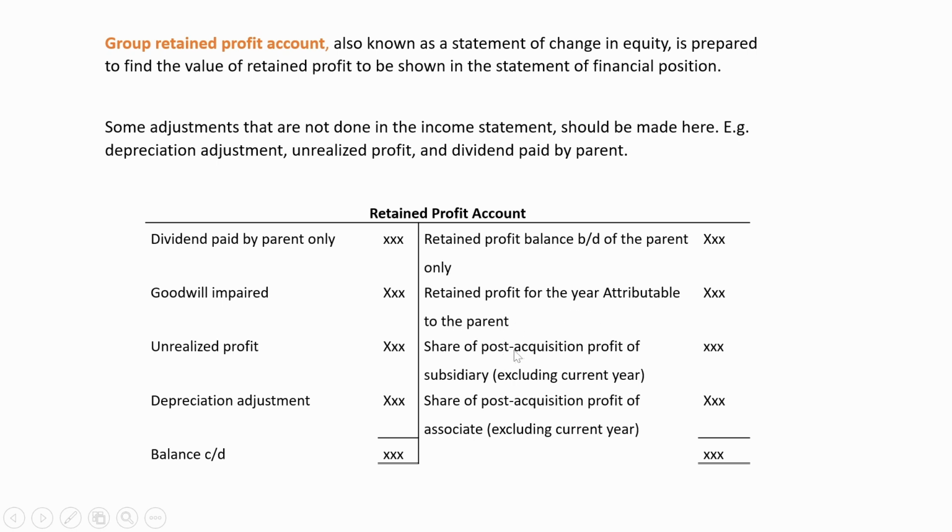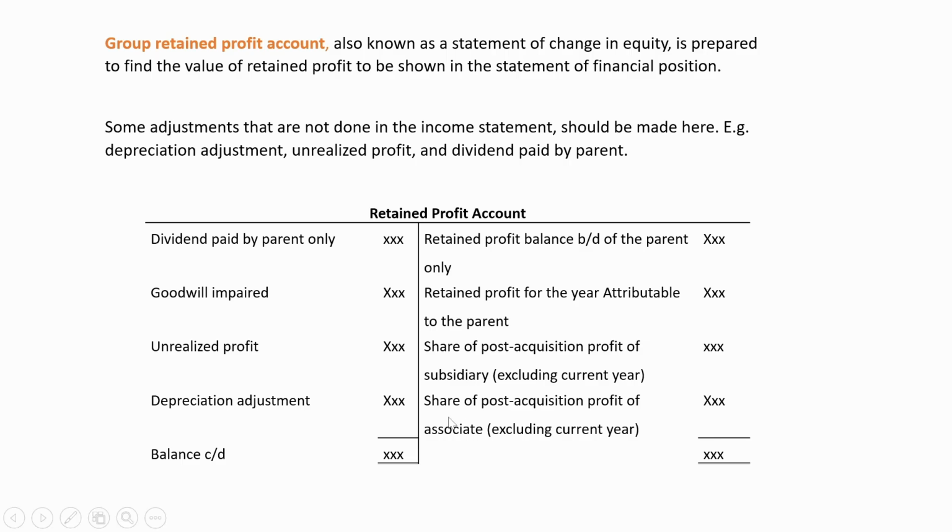So you just show the post-acquisition profit of subsidiary if there is any for the previous years. Don't include the pre-acquisition profit of the subsidiary. And when we say share, it means you multiply by the percentage of holding of the parent.